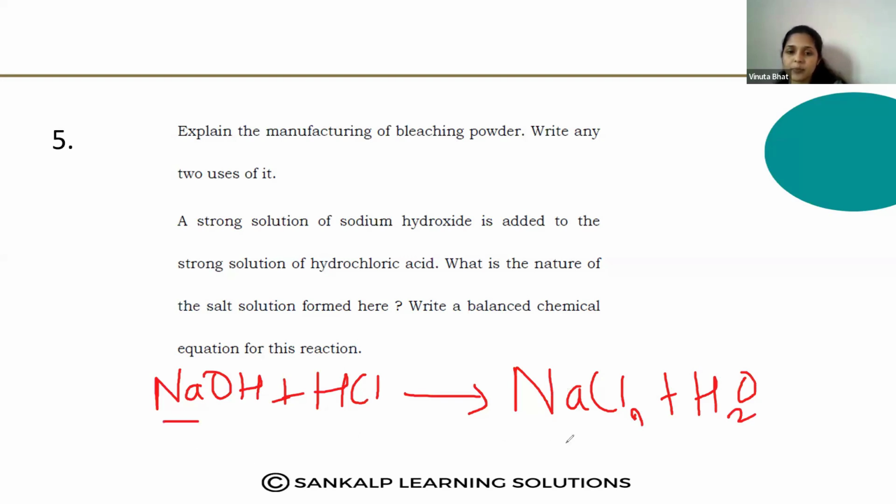Sodium is the same. Chlorine is also the same. Hydrogen 1, 2, that is also the same. Oxygen is also the same. Here, sodium hydroxide is aqueous, HCl is also aqueous. Sodium chloride is solid, and water is liquid, right?